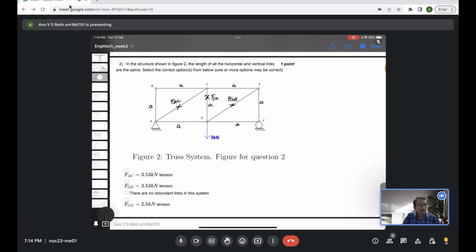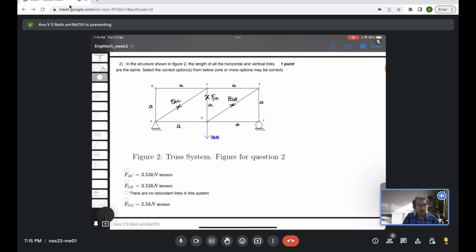I hope you already know there are two methods you can use to find the internal forces, FAC, FCG, FGE and all: method of joints and method of sections. You could use either of them, it doesn't matter, but I suggest you use method of joints to begin with.